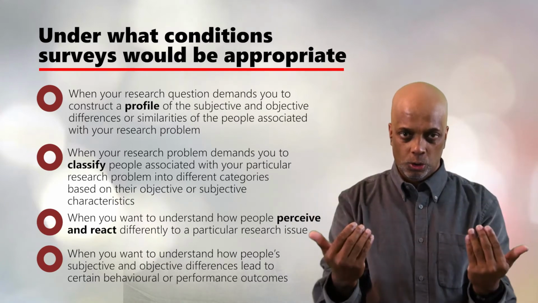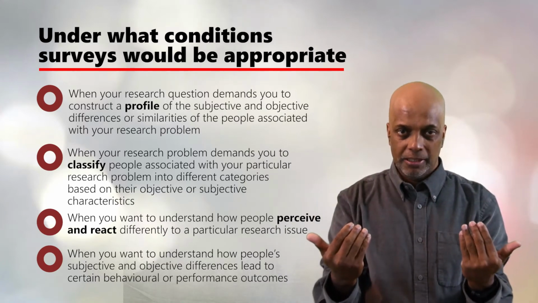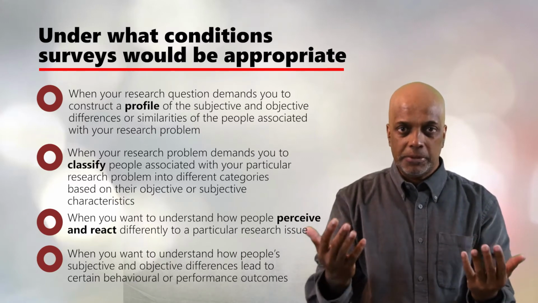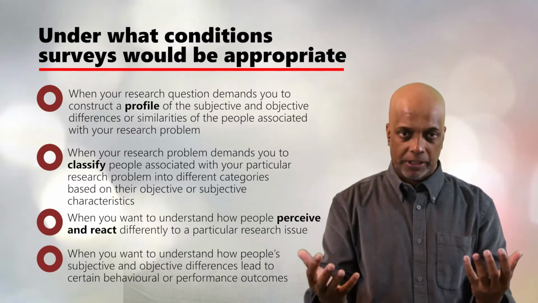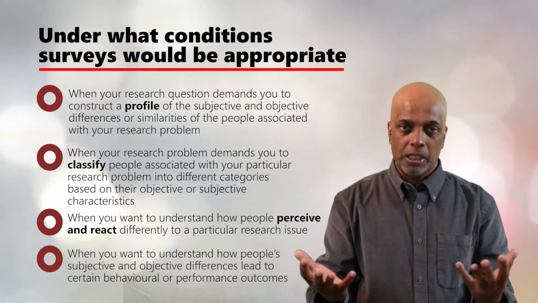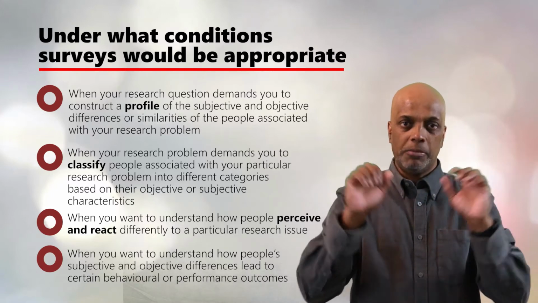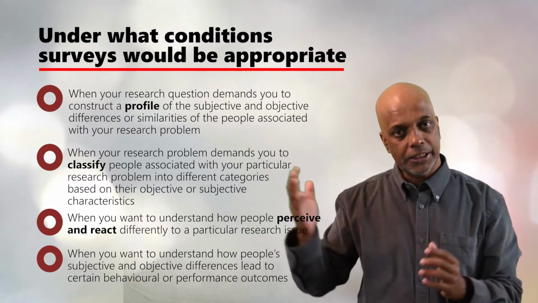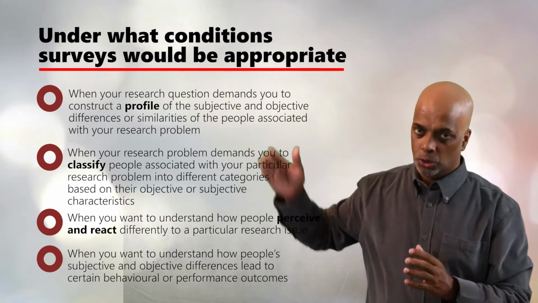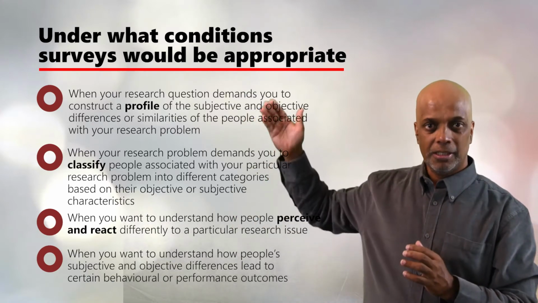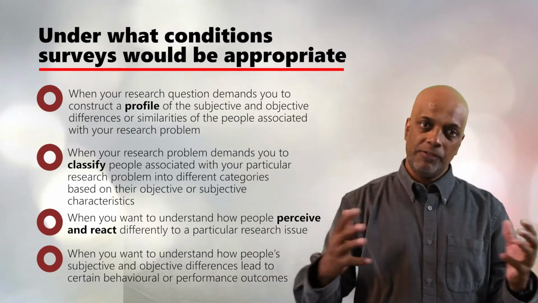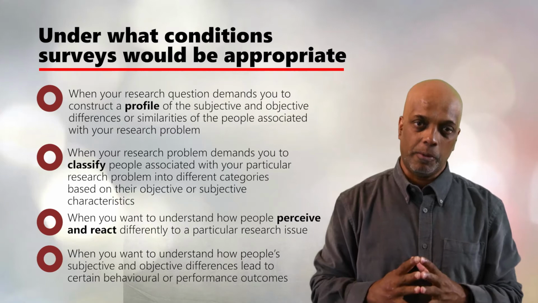So you want to know whether people's objective and subjective differences, characteristic differences, opinion, attitude, and so on, would contribute to these outcome differences, in which case you can use a survey research. So those are some example specific conditions under which a survey method would become appropriate.